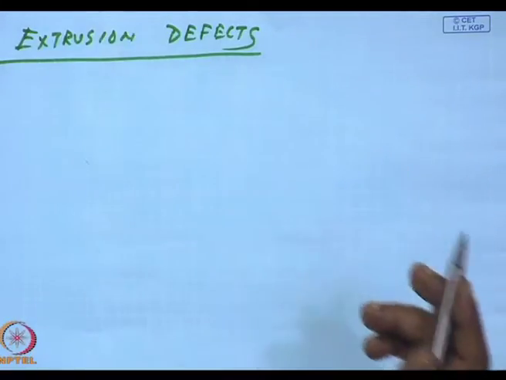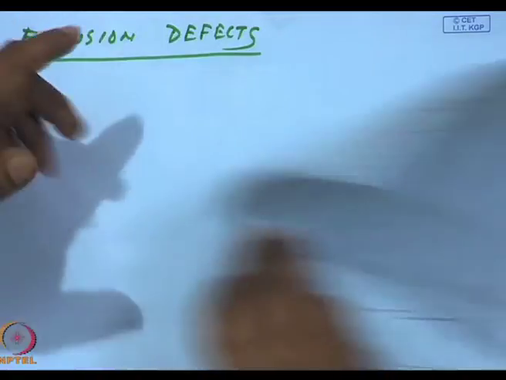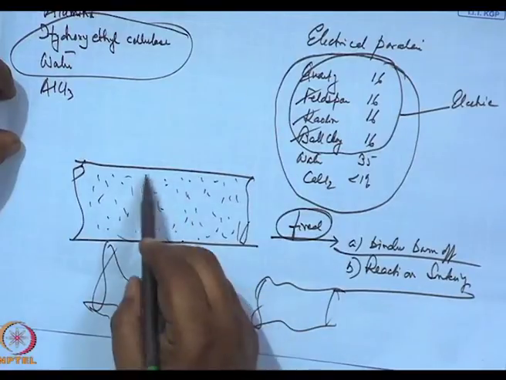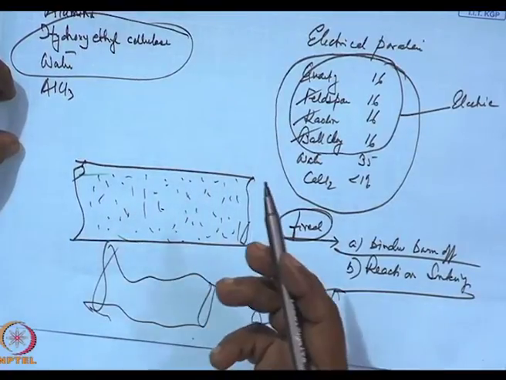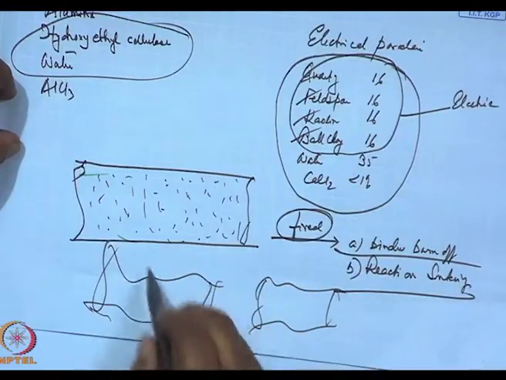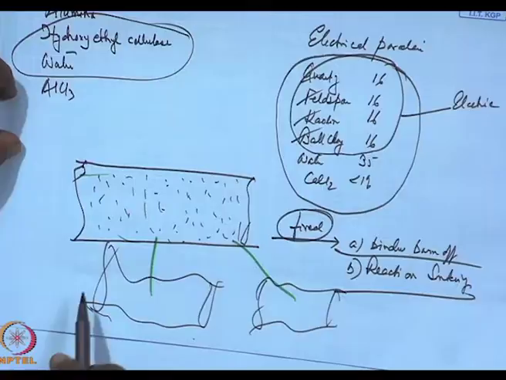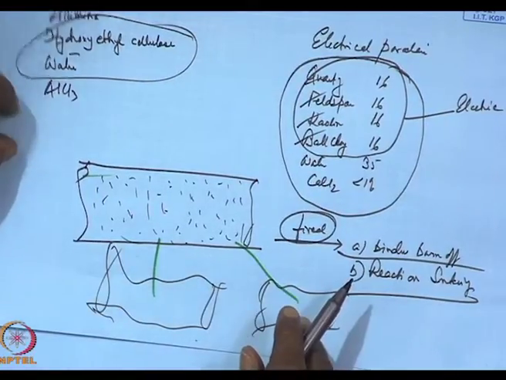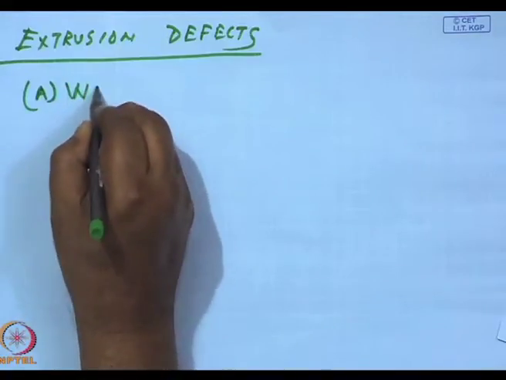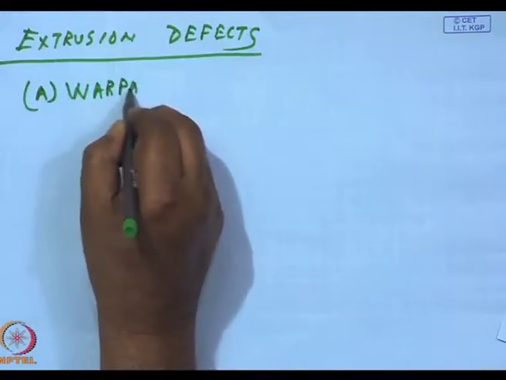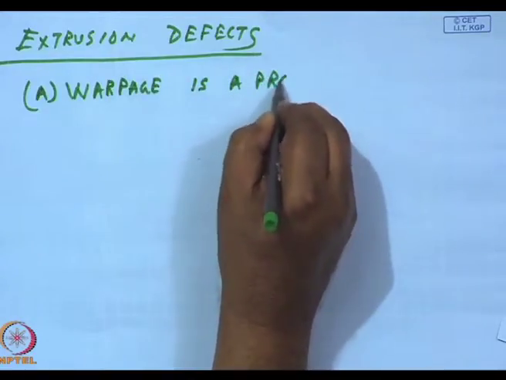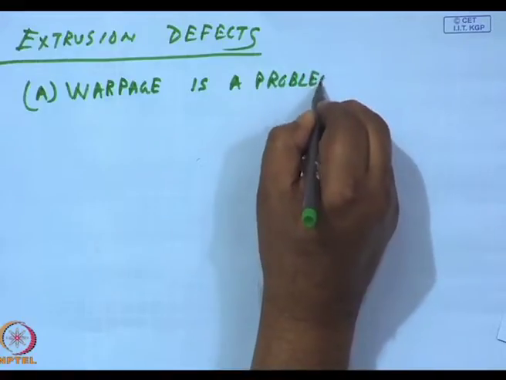First of all, as I said, one diagram I drew, that is, I have this whole material which has got 80 volume percent polymer. Unless I have reproducible properties, I will face, after burn off, various shapes. So, warpage is a problem which has to be avoided at all costs.